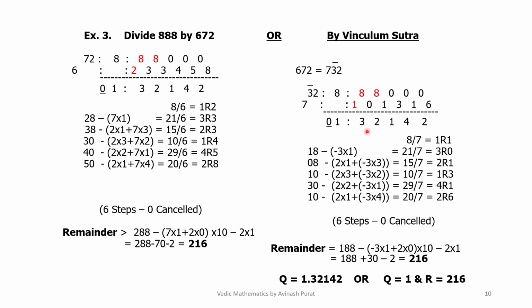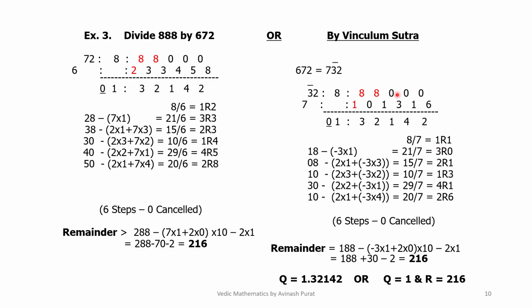Now 08 minus 2 into 1 minus plus minus 3 into 3, that is minus 9 and plus 2, that is minus 7. So it becomes plus, 8 plus 7 is 15, by 7 equals 2 remainder 1.